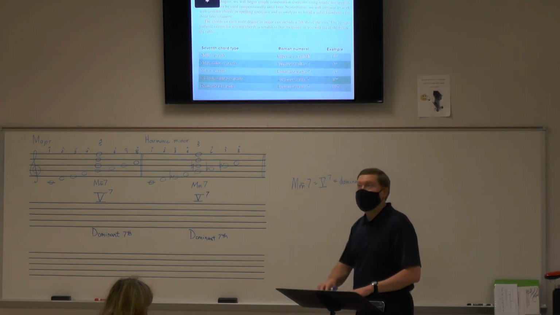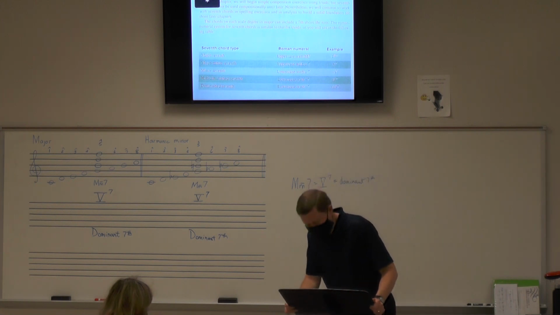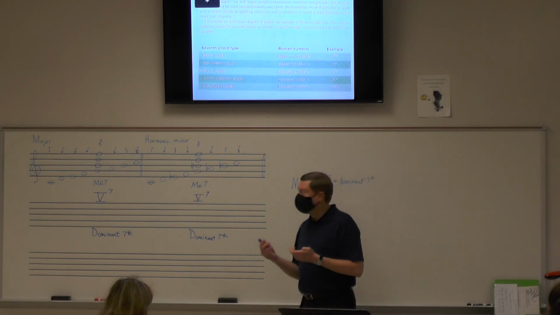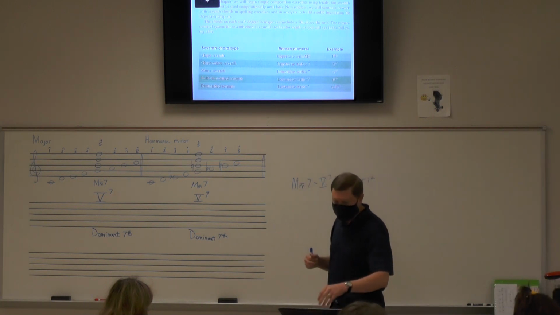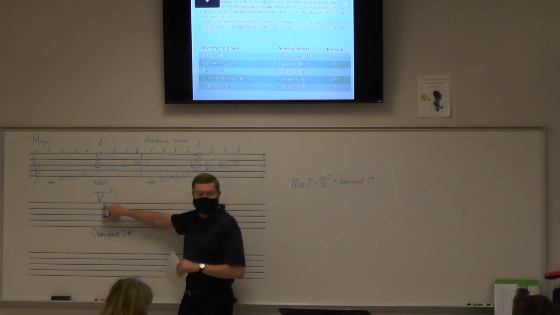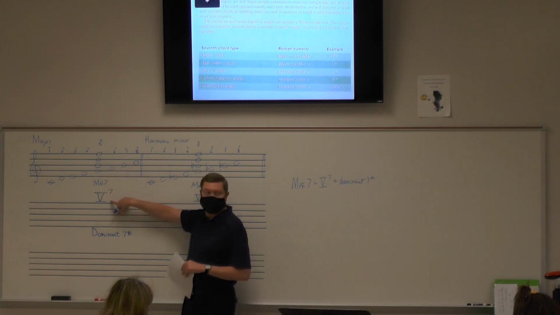We know that a Roman numeral, just like when we label triads with Roman numerals, so also with seventh chords. The Roman numeral itself tells us what scale degree of a key serves as the chord's root.